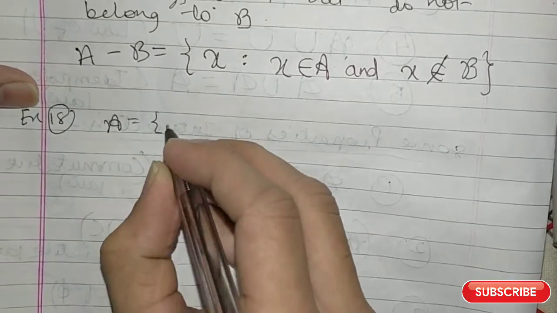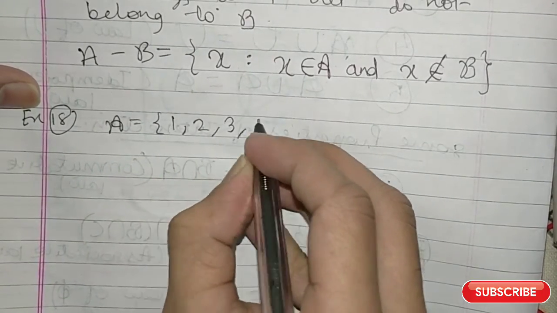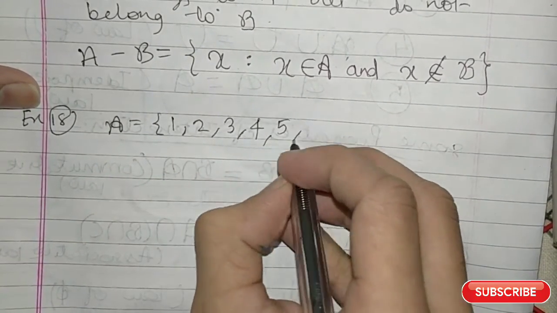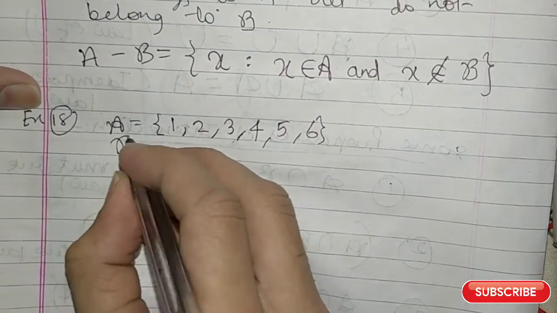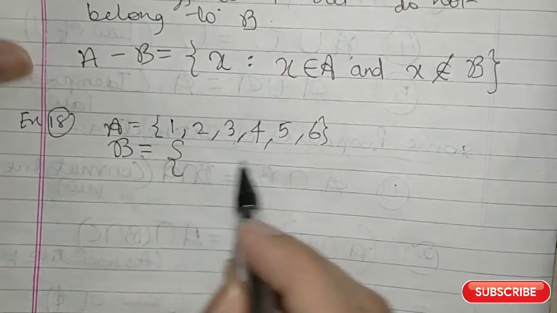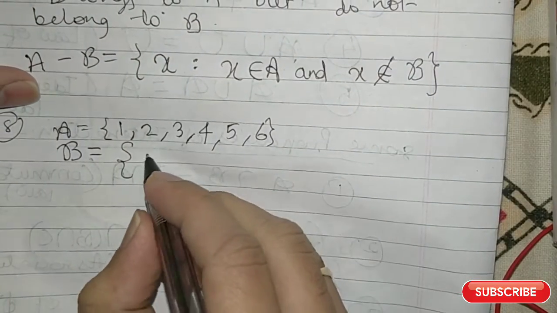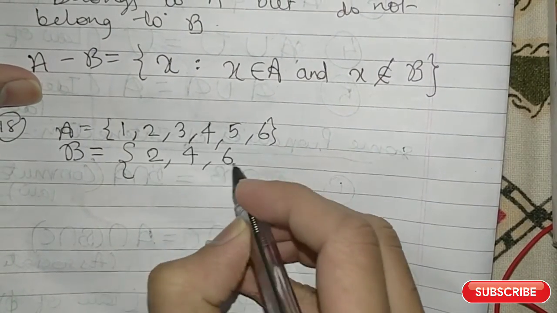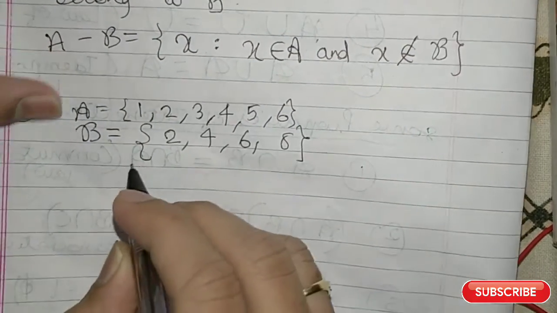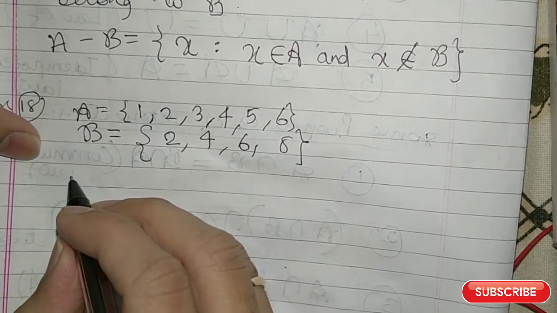So let A be equal to {1, 2, 3, 4, 5, 6} and B be equal to {2, 4, 6, 8}. You have to find A minus B and B minus A.